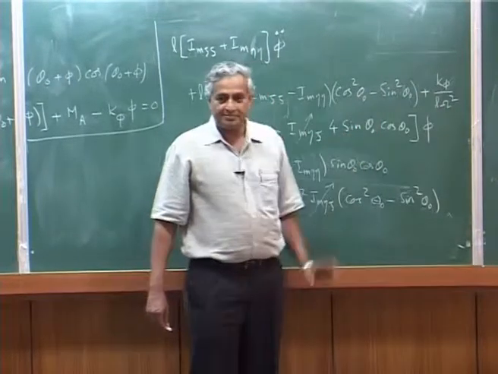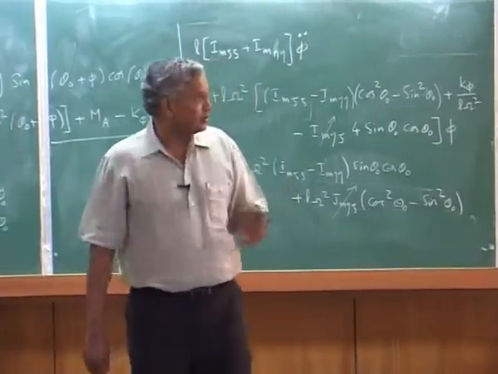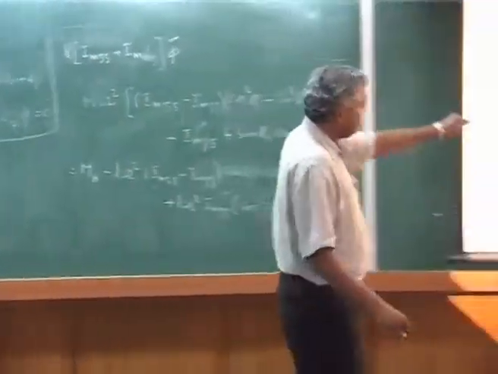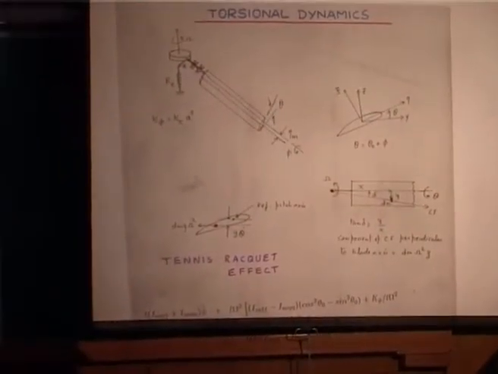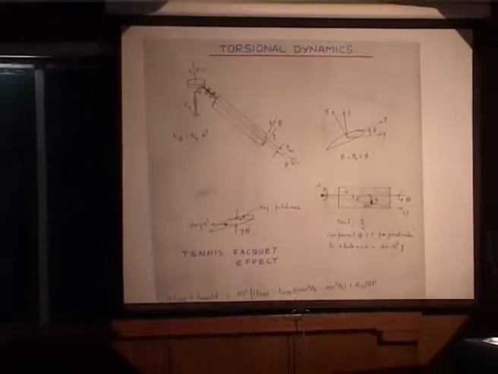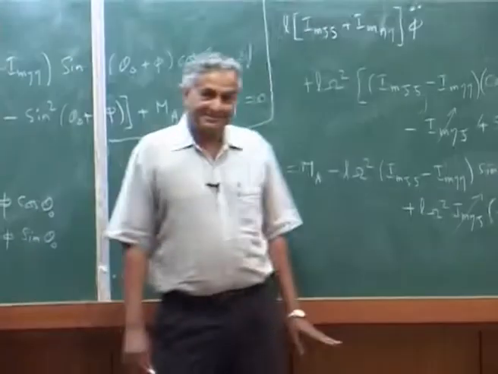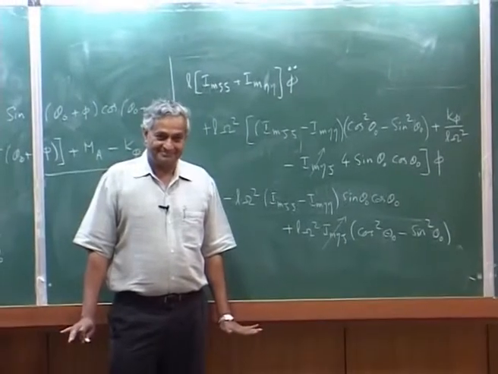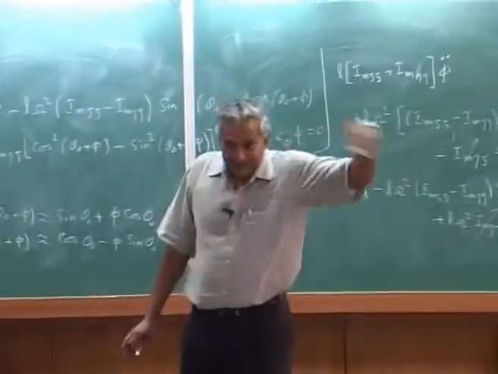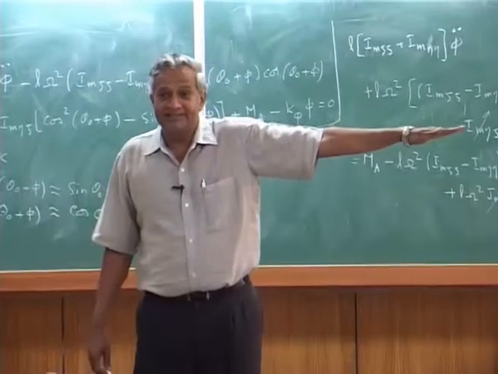Suppose it's a hinge point, there is no spring, then you will find the answer will be phi exactly equal to minus theta naught. That means the blade will always come flat.